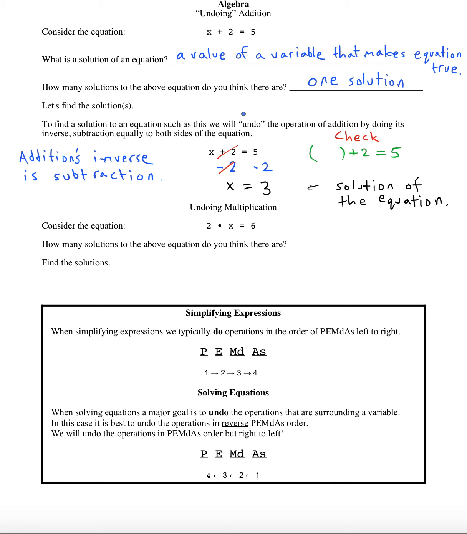And now we want to take that solution that we found and plug it in place of the x. And then we want to simplify both sides. So 3 plus 2 on the left makes 5. And if we get a true statement here, 5 equals 5, then we know we solved it right.